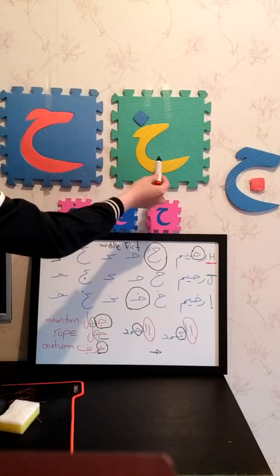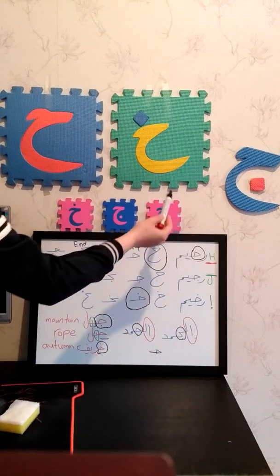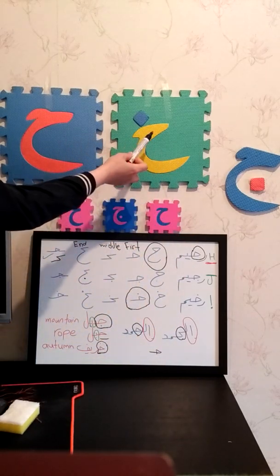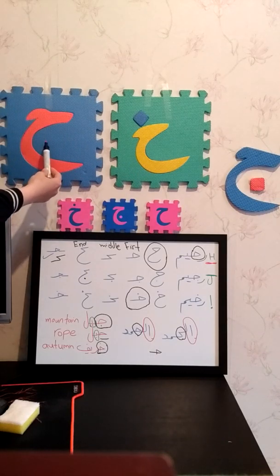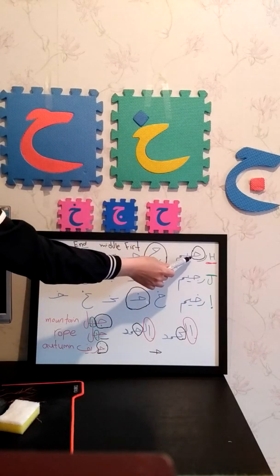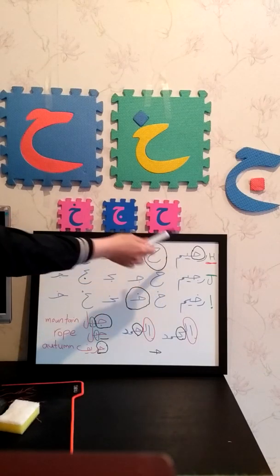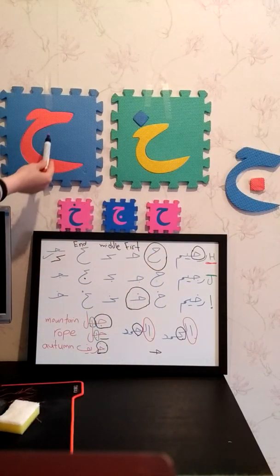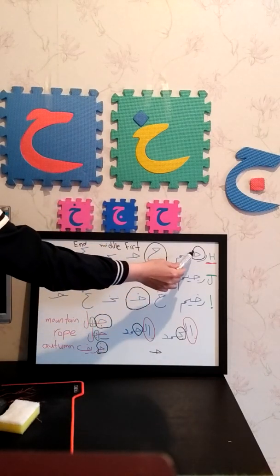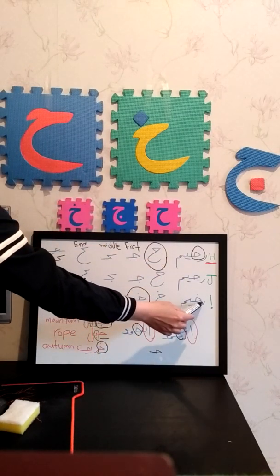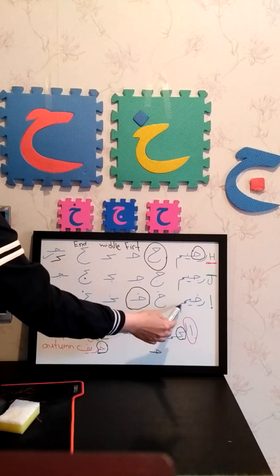Now, I'm sorry, I said ha instead of ha. Sorry, this is ha. Rahim.